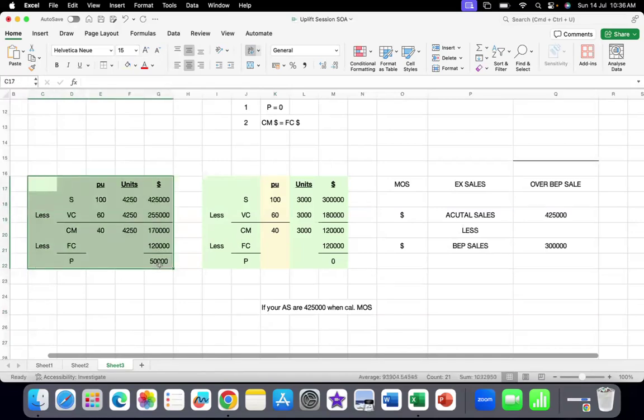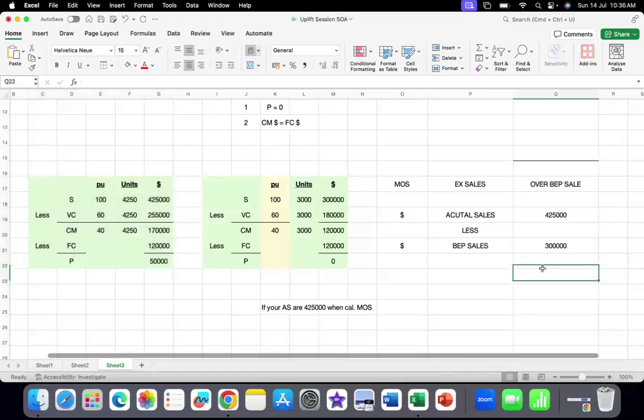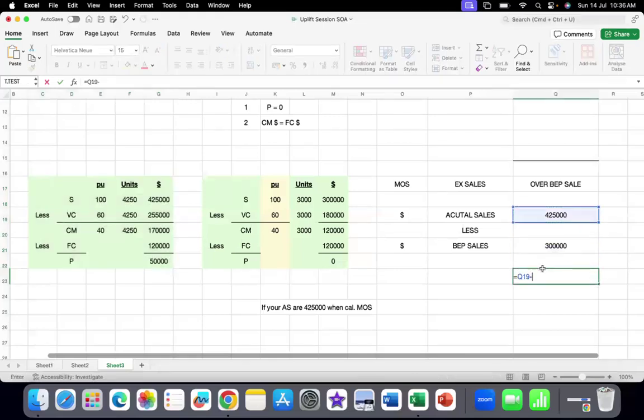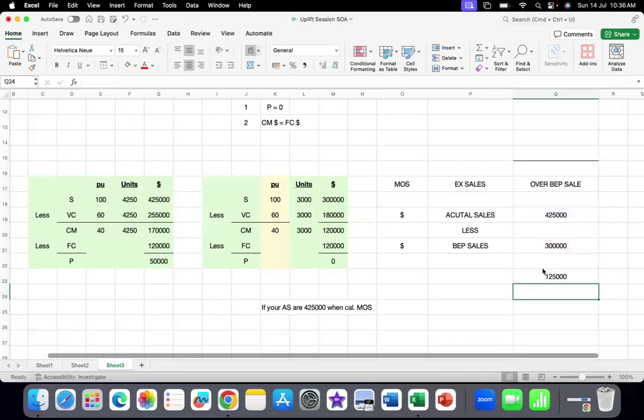Once you have that, this difference in sales is called your safety sales. That is the margin of safety, that is 1,25,000. That means I still have a sale value of 1,25,000 available with me before I can convert myself into a loss position.